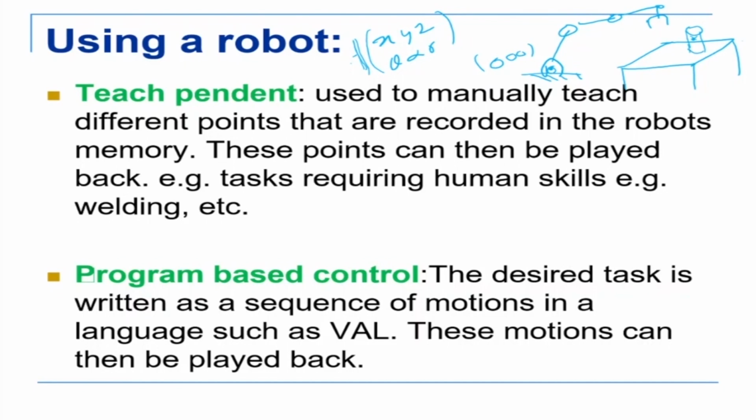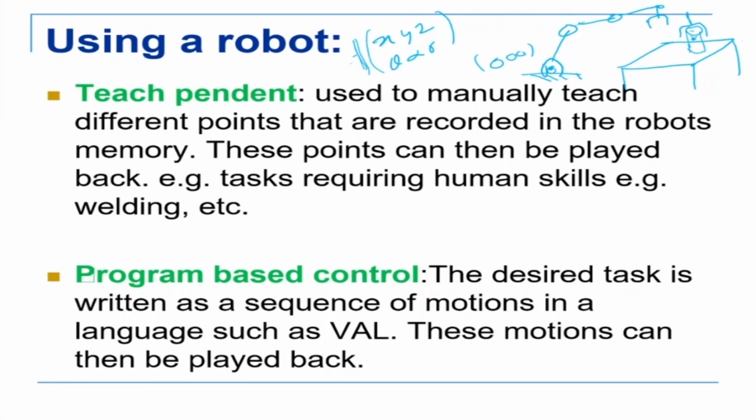So one way could be that using the teach pendant, you take the robot and place the gripper like this, and then look at what is the position orientation of the end effector with respect to the base. So when you're using the teach pendant, in the memory and the display of the teach pendant, the position orientation appears automatically. So you can now know that, okay, this is the position orientation of this part with reference to the base.